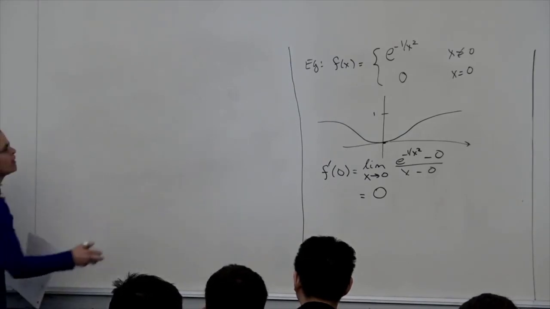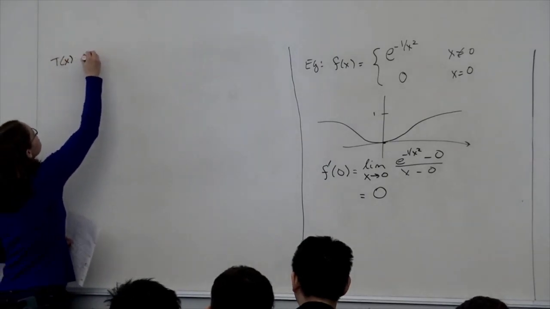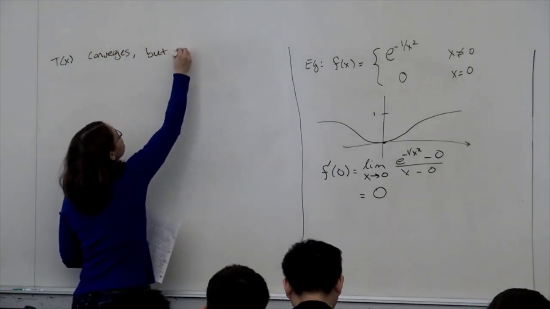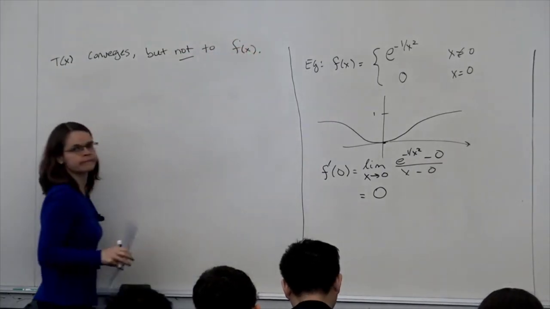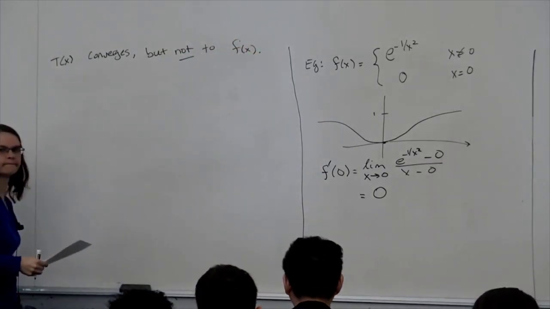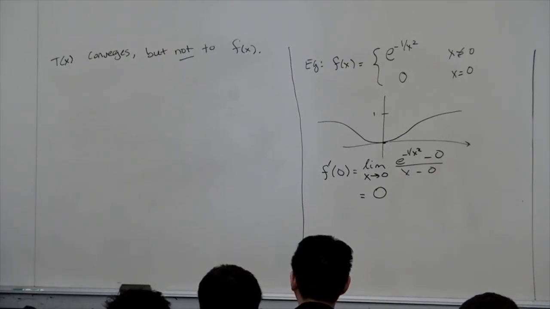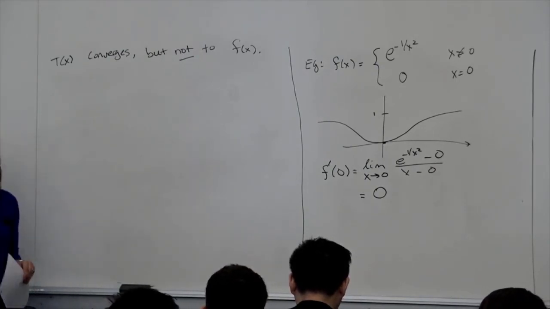So in this case, the Taylor series T of x converges, but clearly not to our original function, except at the origin, which is boring if you've only got 1 point. So what's going wrong here?